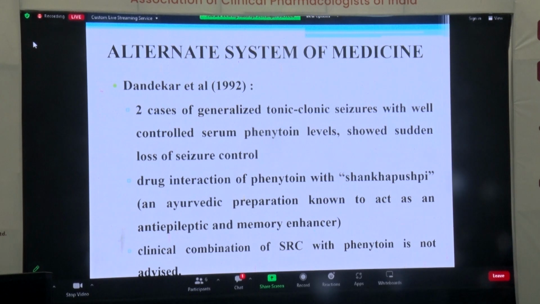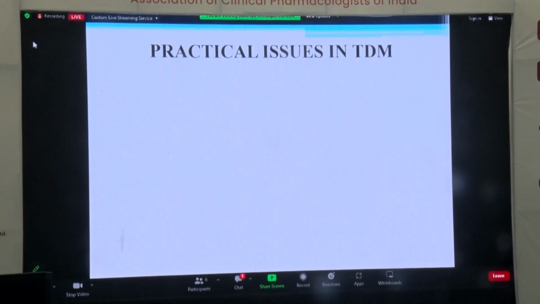It has some sort of drug interaction with phenytoin, and hence the clinical combination of this drug with Shankapushpi has to be avoided. The patient should be advised not to take alternative medicine when they are taking these anti-epileptic drugs, because this could lead to unknown drug interactions which are not documented in the literature. So we also need to look at these factors.